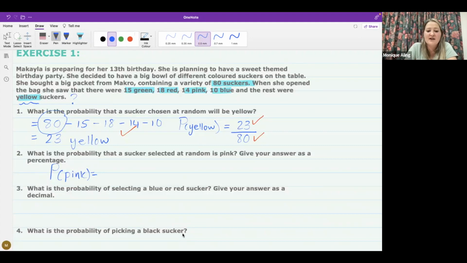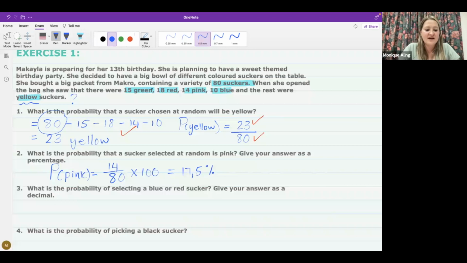Nice working out, Sako. Okay, so we first put it in fraction form. There are 14 pink suckers out of the 80, but they don't want a fraction, so we're going to times by 100, so we can convert to percentage, and that gives us 17.5%. Okay, we don't have to worry about 2 decimal places here because there was only 1 decimal place. Well done. I see most of you did get that.